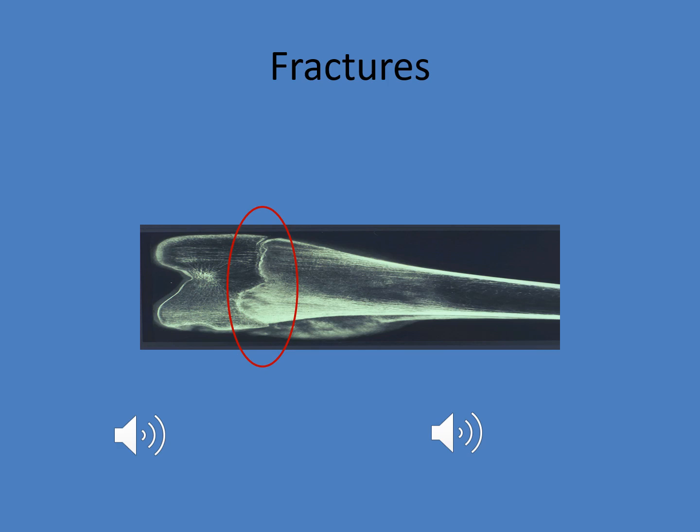The splint should extend from the joint above to the joint below the suspected fracture site. And we would want to get a thorough history of the injury. Some fractures could occur because of child maltreatment, right? So those would need to be ruled out, or for any unintentional injuries.